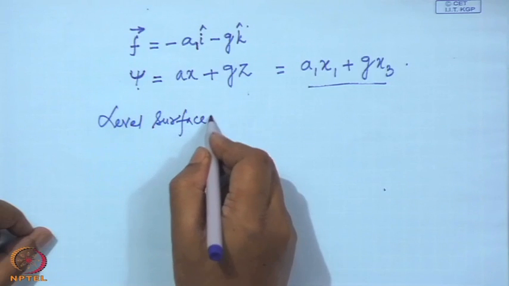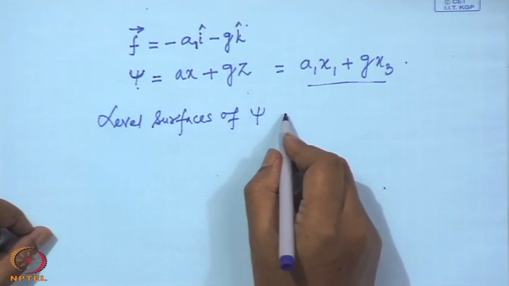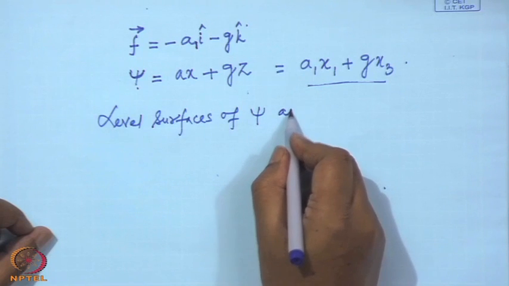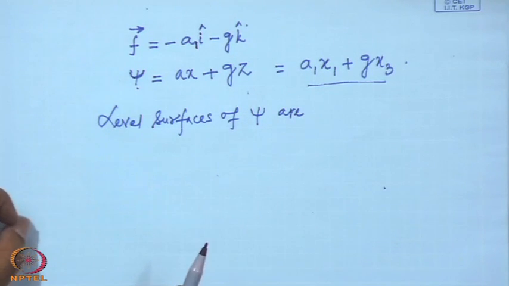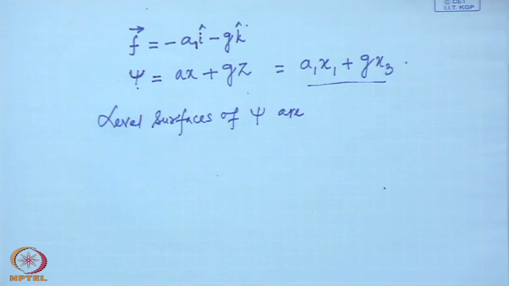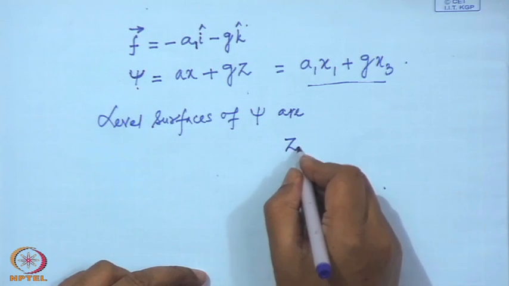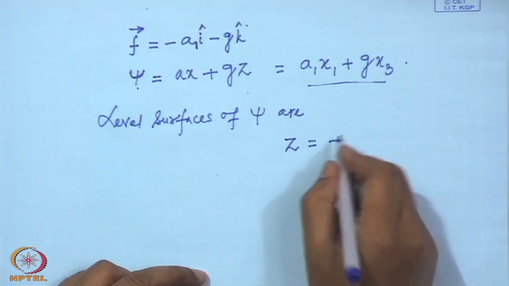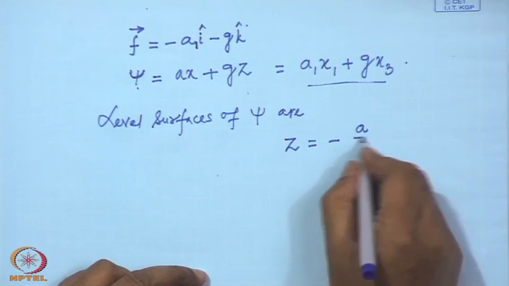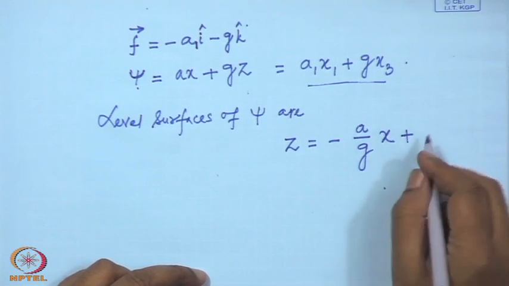The level surfaces of psi: Ax plus Gz equal to constant, that is the level surface. And what is that? So, z equal to minus A by G x plus any constant.